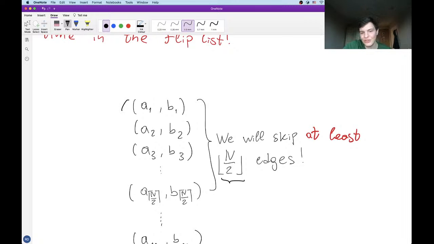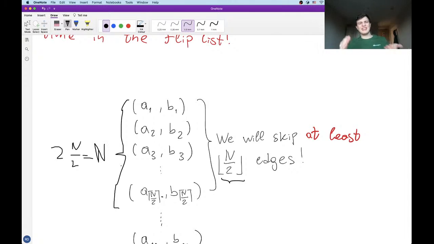Actually, I just realized that I didn't properly explain. What I want to say is that we look at the prefix of n/2 edges, and overall we have n vertices here.